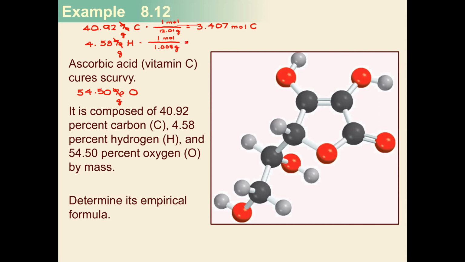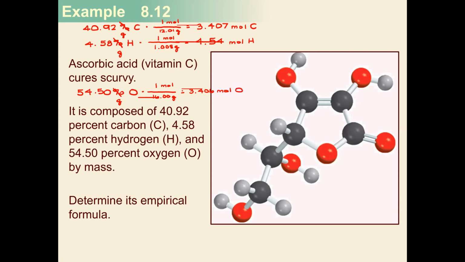And now you will see that I get a number of moles of 4.54 moles of hydrogen. Let's go ahead and do the same type of math for my oxygen. So I have 1 mole over 16 grams. And you will see that I get a value of 3.406 moles of my oxygen.